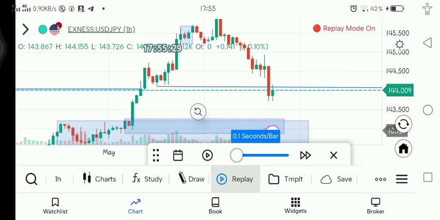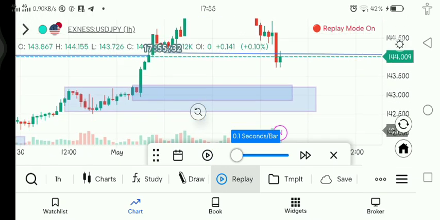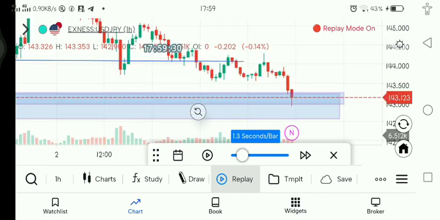Price has already swept our inducement point, and as you can see, price has already touched our order block. So what we're going to do now is wait and see what confirms our entry. We'll have to wait for the candle to touch our block, then wait for either an engulfing candle or other bullish patterns to enter the trade. So let's play the price and see.